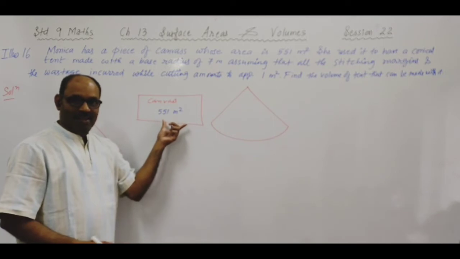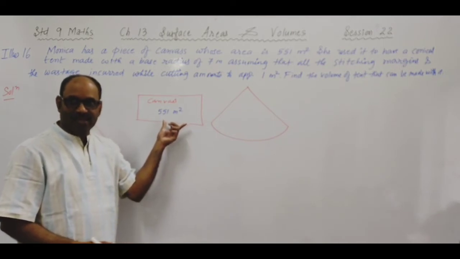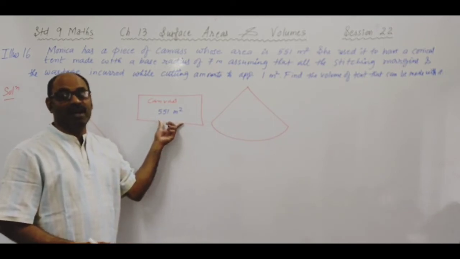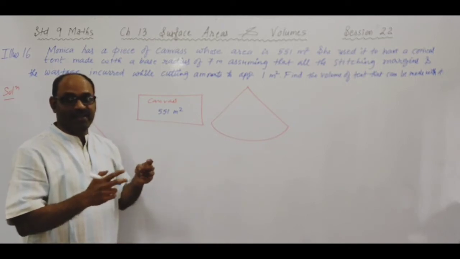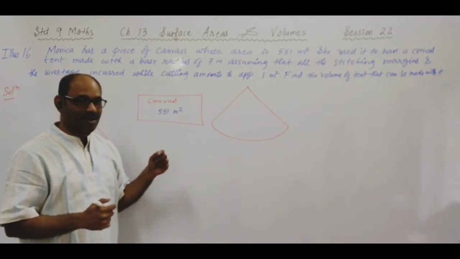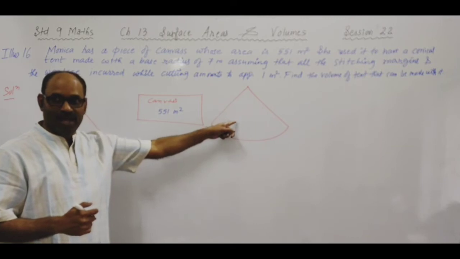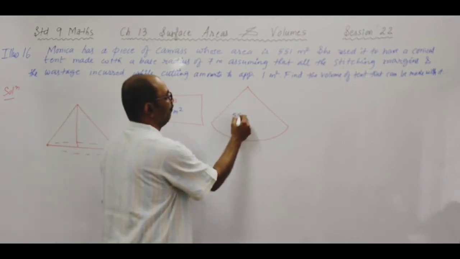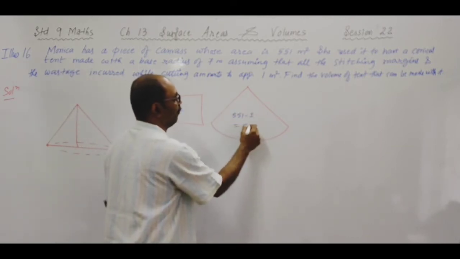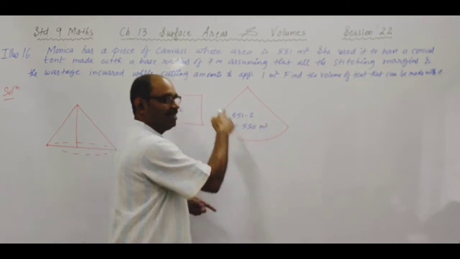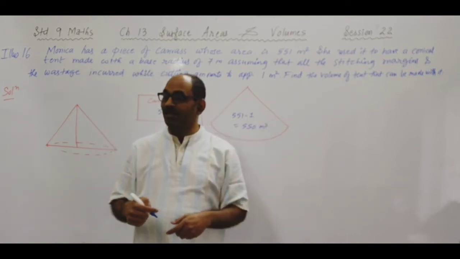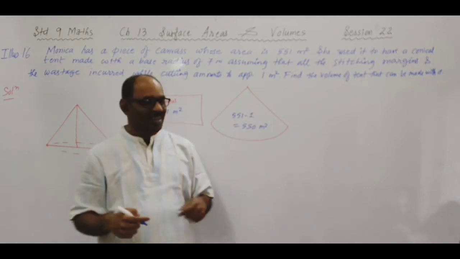The cloth canvas she has, the area is 551 meter square. After cutting, how much area is gone? 1 meter square. So what will be the area of this? 551 minus 1, and that is 550 meters square. यही छोटी सी बात बहुत अच्छी तरह समझ लेनी है.